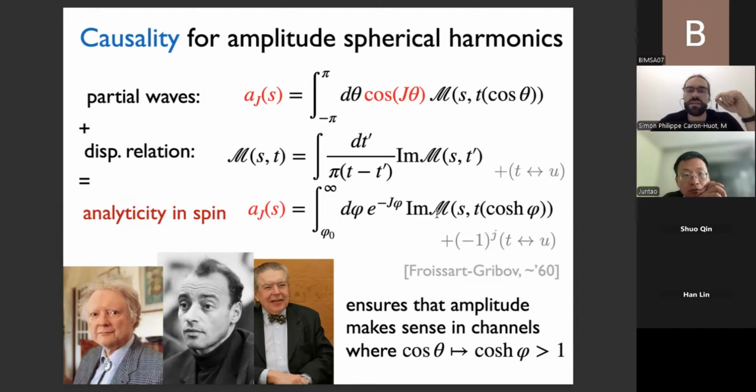Its point in life is that this partial wave at the top probably only makes sense for angles between minus pi and pi. But this formula answers that it continues to make sense when cosine of theta becomes, in Lorentzian signature, something greater than 1. So when you go from one channel to the other, these partial waves continue to make sense.